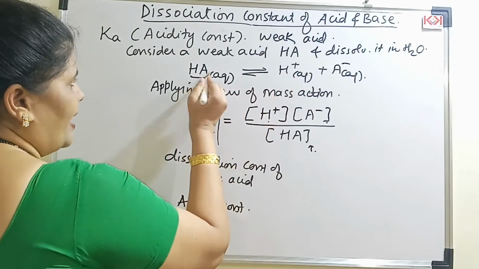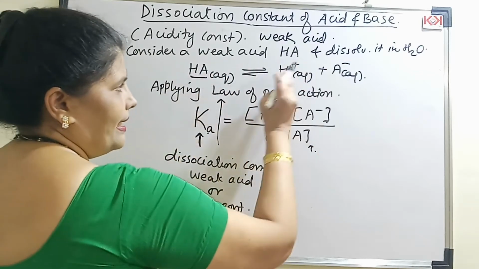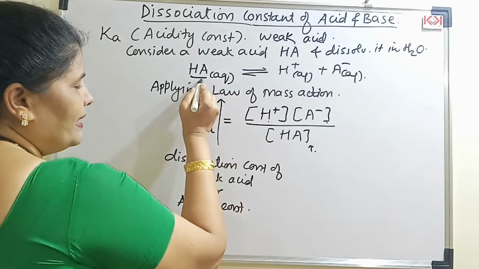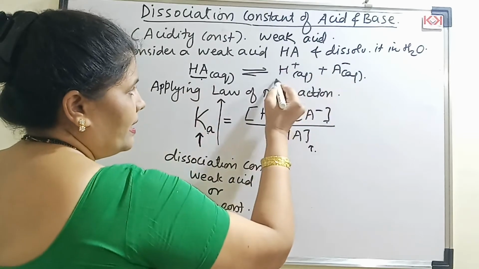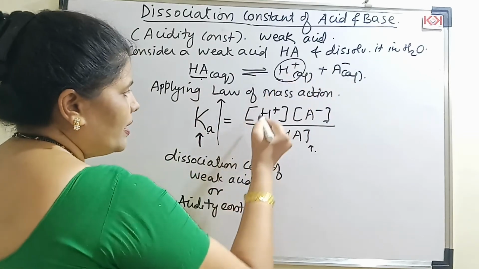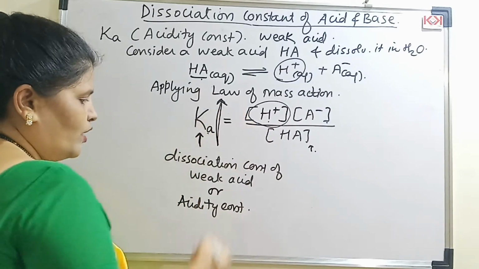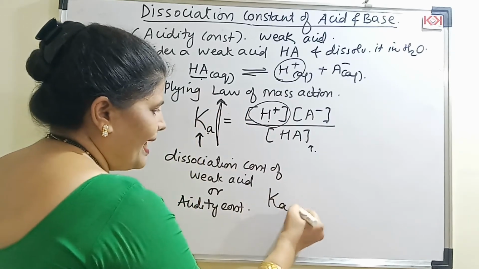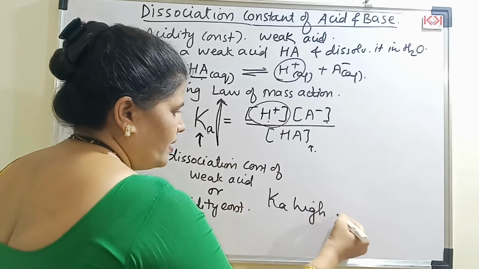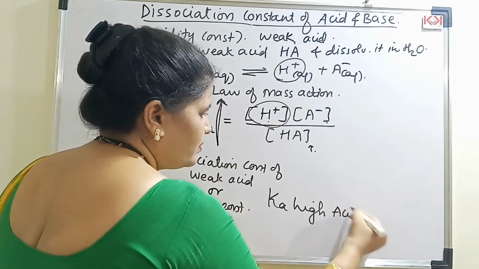If this HA will dissociate to a greater extent. And when this dissociates to a greater extent, the concentrations of H plus and A minus will be more, and this value will be high. So can I say if the Ka value is high, the acid will be strong.